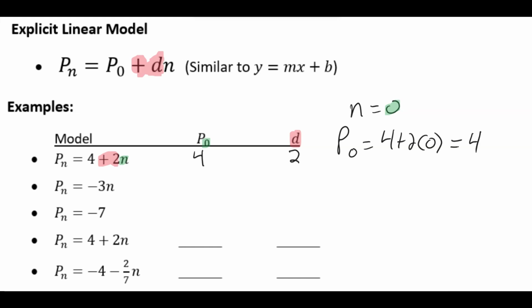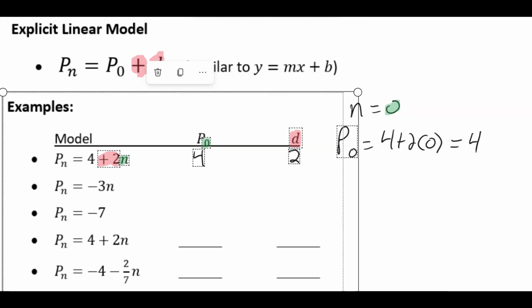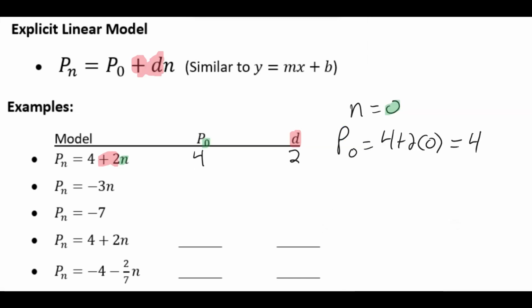Now, what this means is that our first term would be 4, and then d is the common difference, and it's positive. So we would actually have for this one a sequence 4, 6, 8, 10, etc. This is an add 2 sequence.